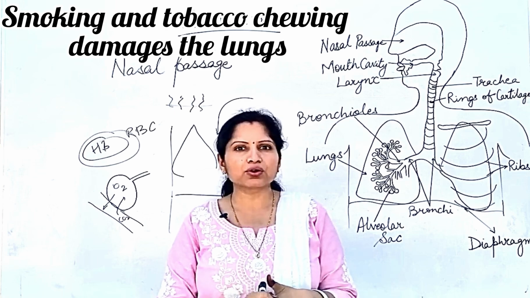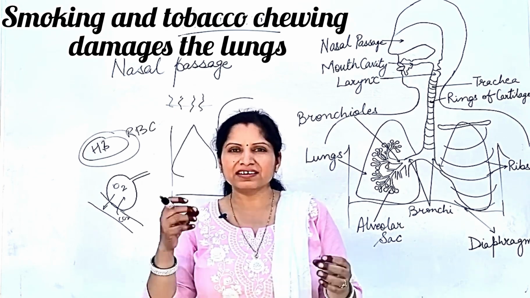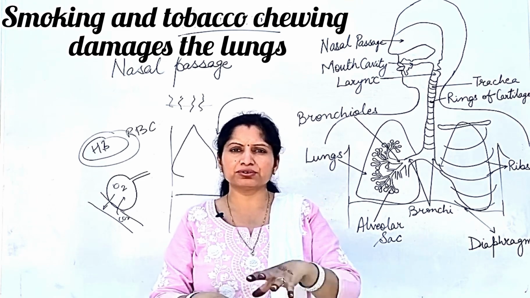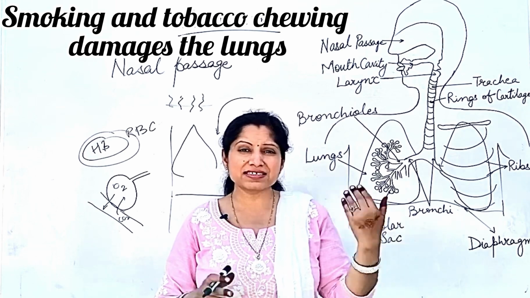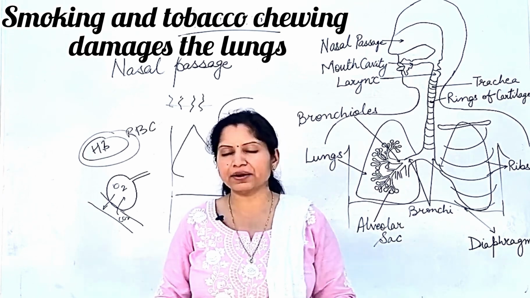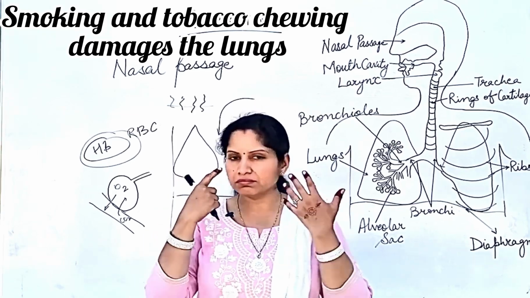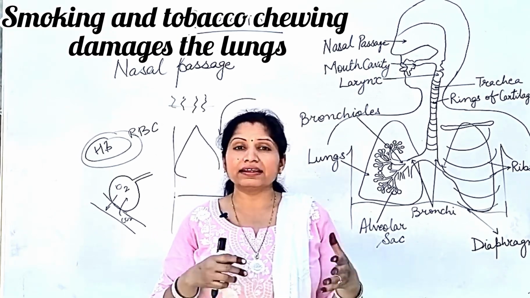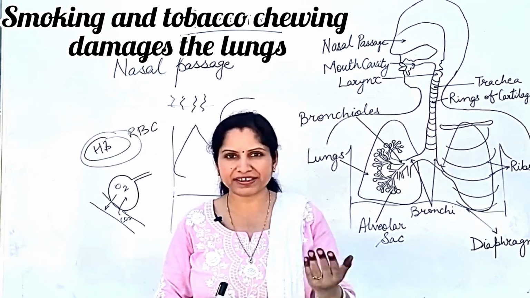Tobacco chewing is also very dangerous. It's written on every packet of tobacco that it can cause oral cancer, mouth cancer, but still people purchase and eat it. It can damage the mucosa of your mouth and cause oral cancer.